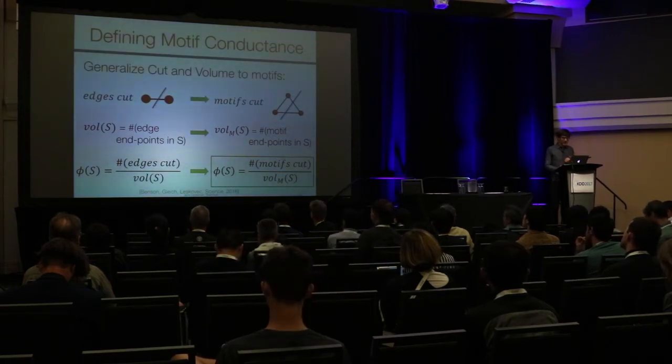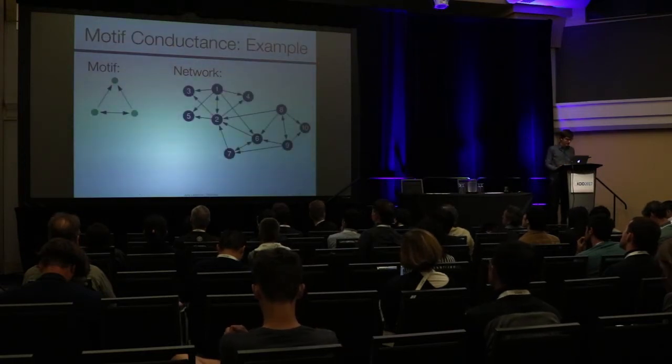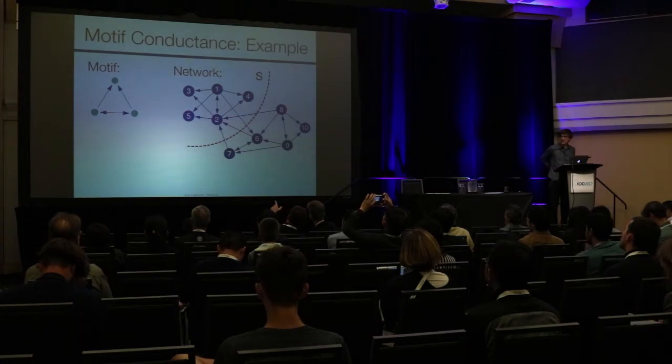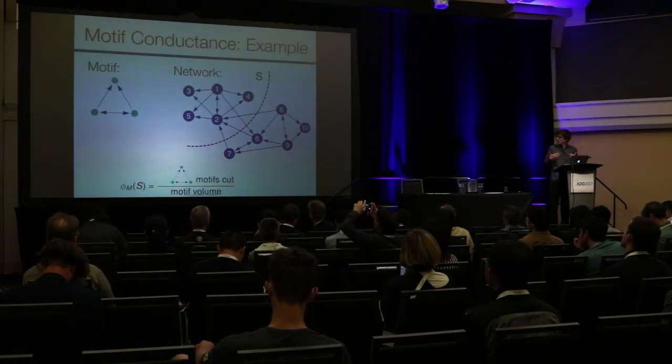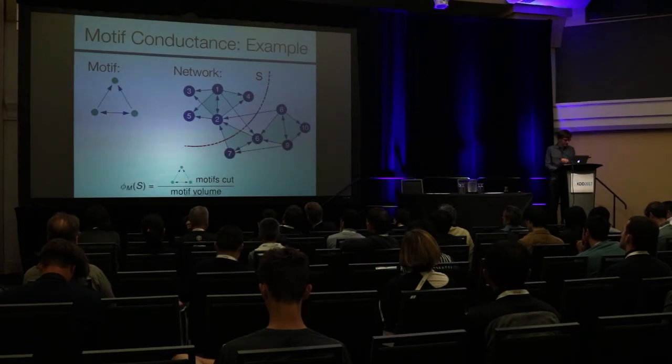Let me give you an example of what this means. If I have a network and a motif of interest on the left, what is the conductance of this given cut S? The way I would compute this is to first count how many motifs I cut and what the motif volume of set S is. Here I'm showing you all the instances of this motif.